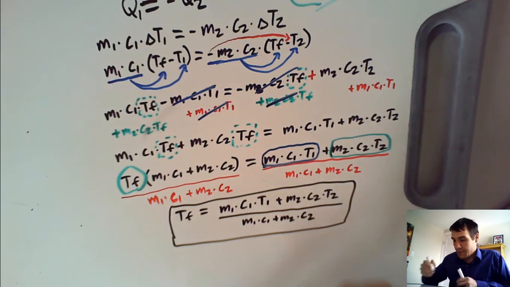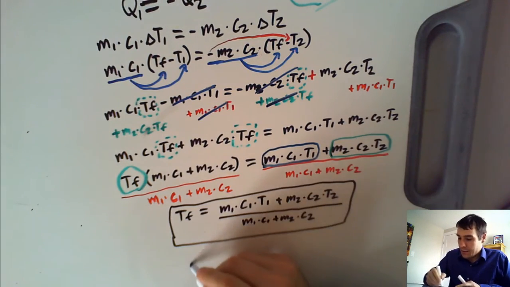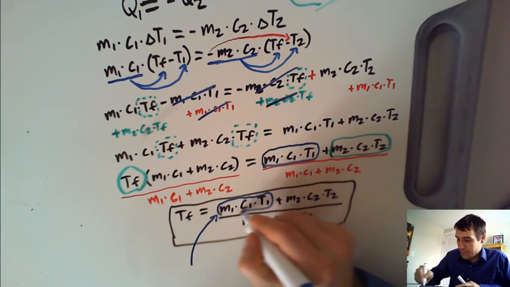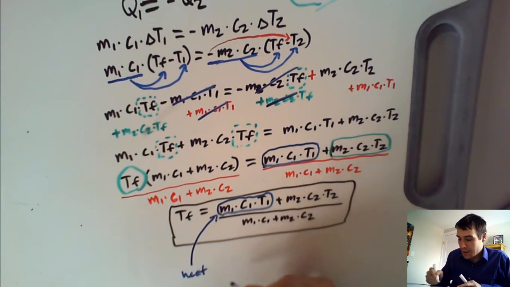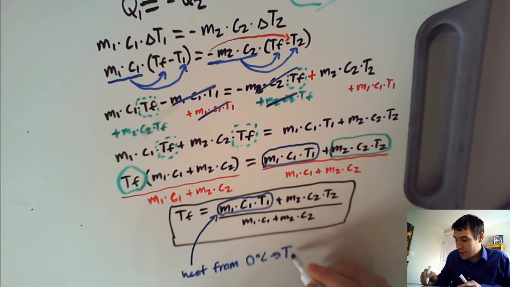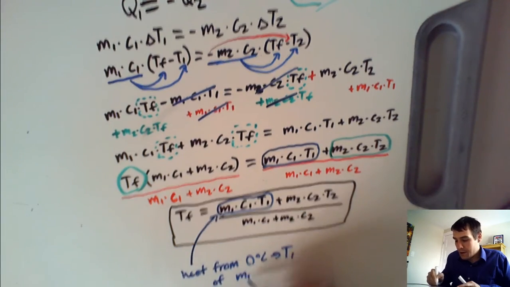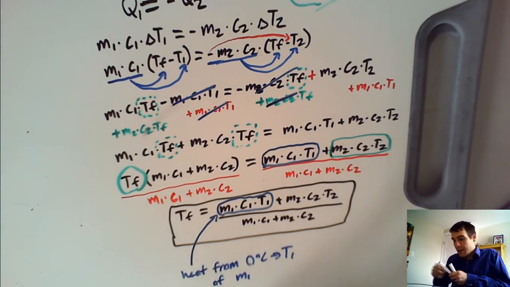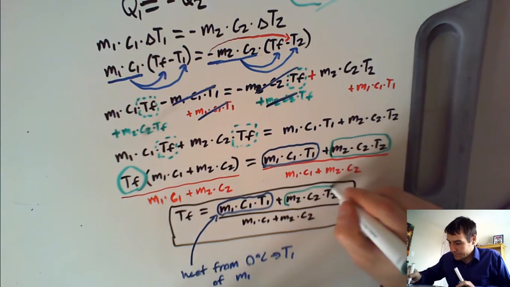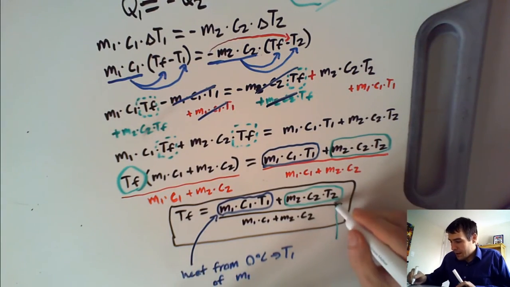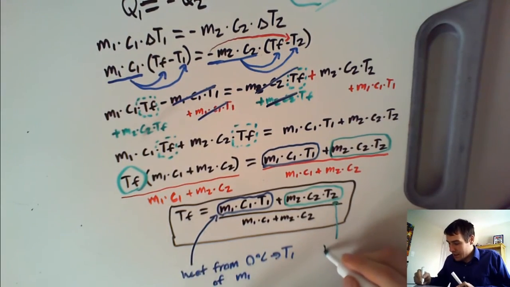All right. So they're right there. So this guy up on top, that's the heat from 0 to T1. Right, that's the heat of M1. This guy here, excuse me, is the heat from 0 degrees Celsius to T2 of M2.